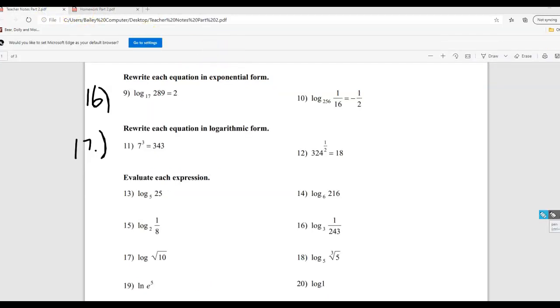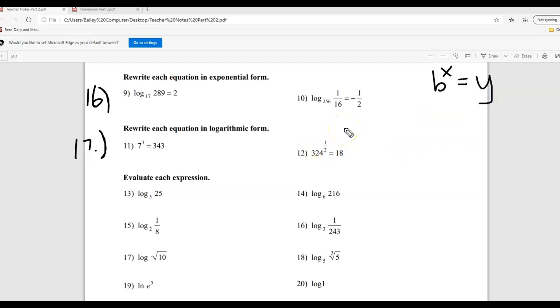So what you need to know here is that if you have an exponential expression that looks like this, I'm going to make a little difference here in how I write it. I feel like it's less confusing if I write it this way. It's technically fine to leave it that way. I like writing like this.